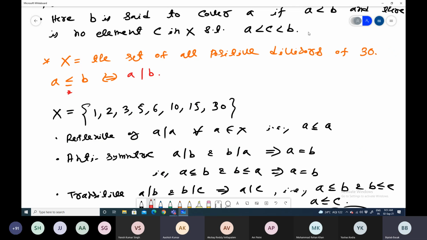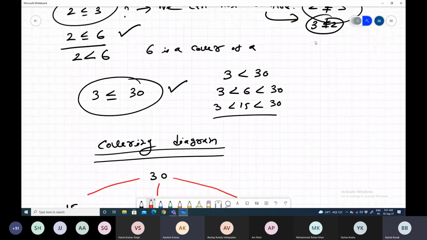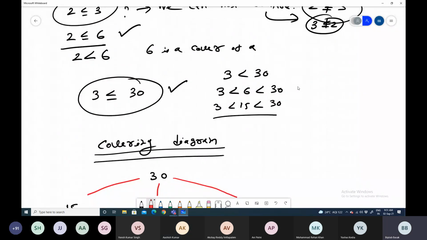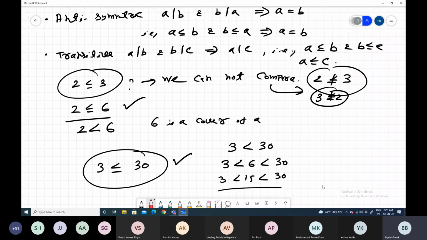That is the definition. Since 2 divides 6 and 2 is not equal to 6, therefore we can say that 2 is strictly less than 6. So that was the definition of this.